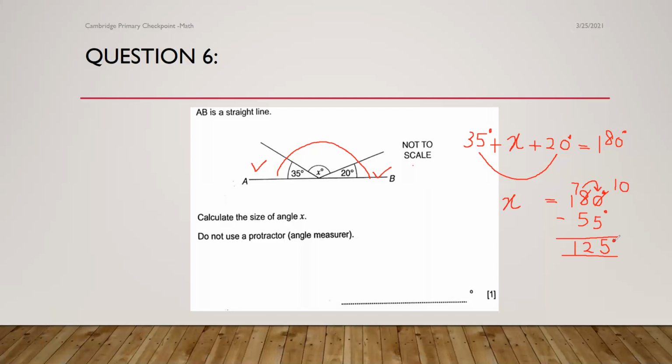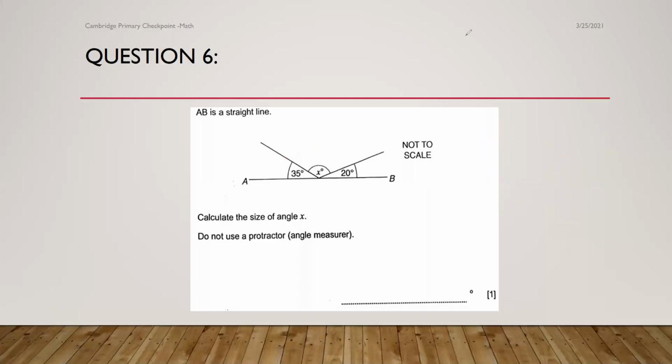So what is the value of X? I'm getting 125 degrees, right? So remember, first you have to use the theory, and according to that, you can find the value for the missing letter, right? Okay, let's move to question number 7.